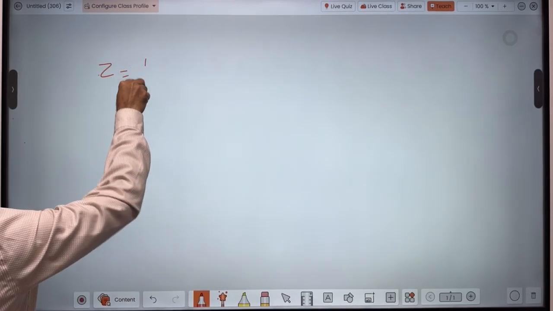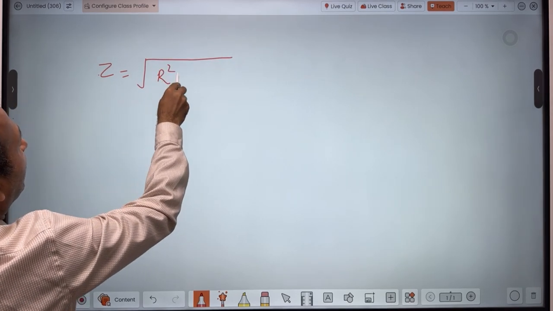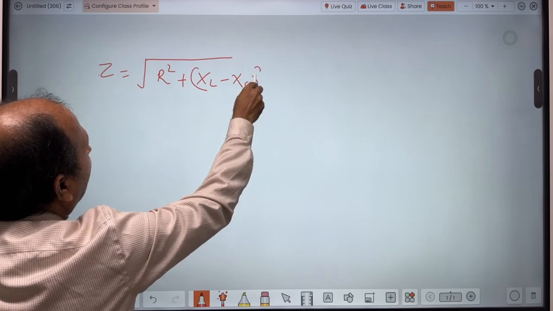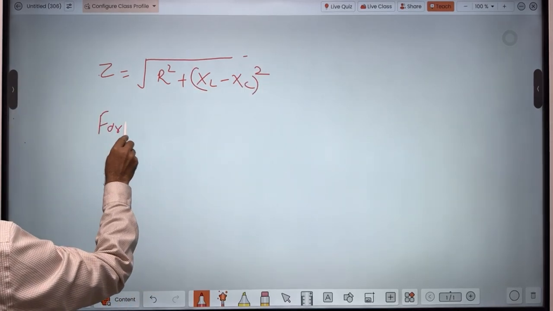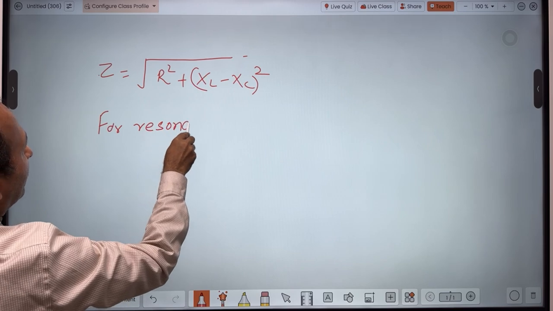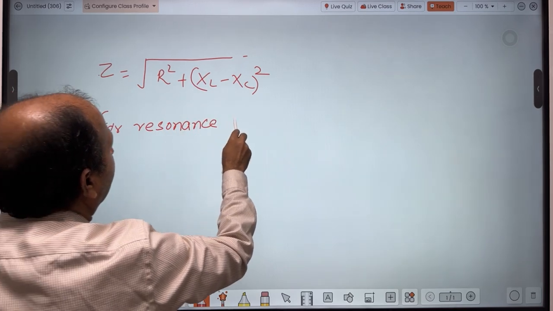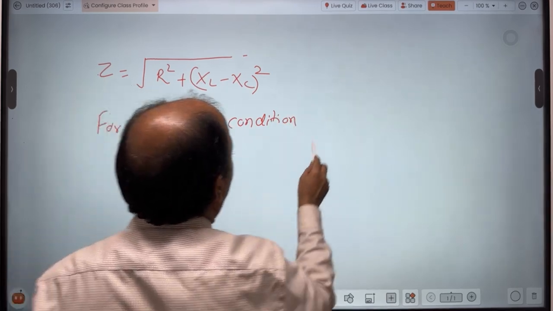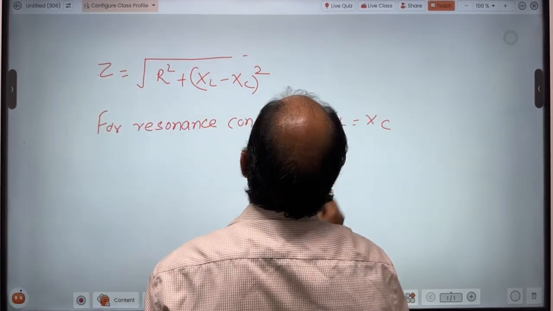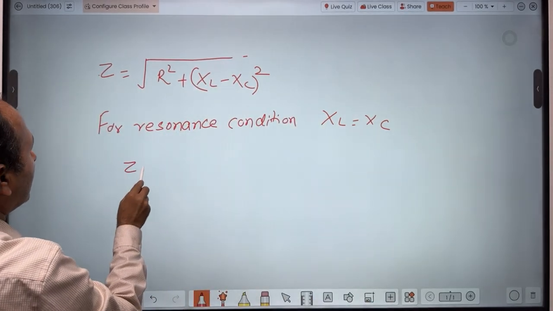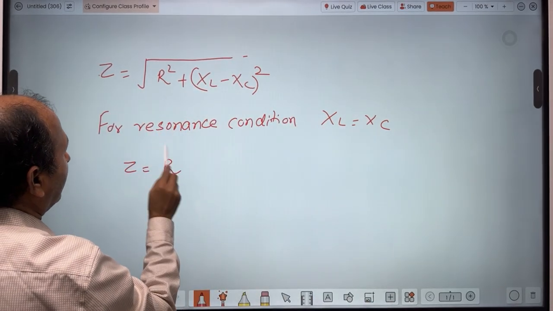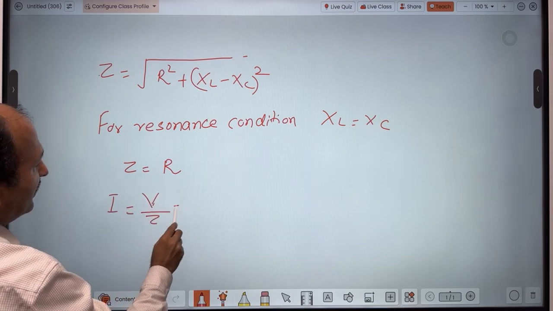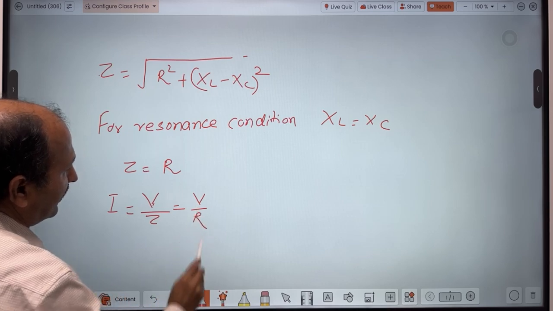Since Z equal to root of R square plus XL minus XC whole square, and for resonance, XL equal to XC. So this term will vanish and Z equal to R. In that case, current will be equal to voltage divided by Z, that is V upon R, right?